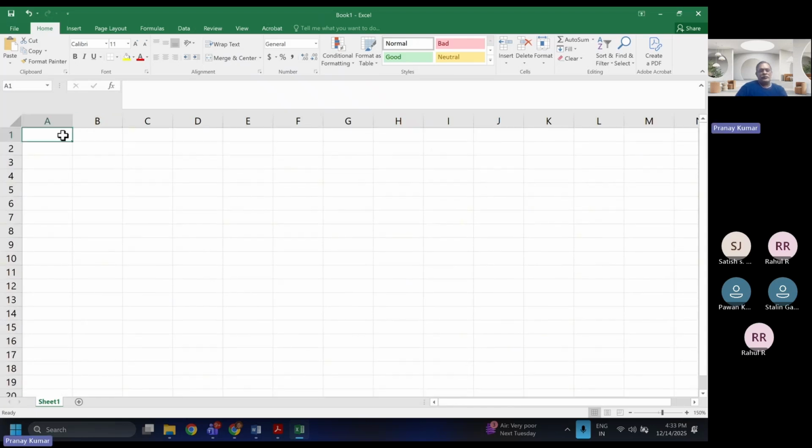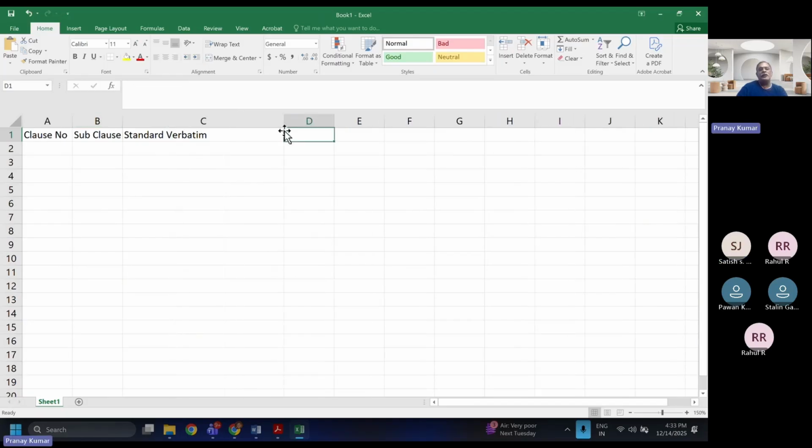I'm adding headers. I'm saying clause number, subclause. What does the standard say? Basis, what does the standard say? I will create audit points.